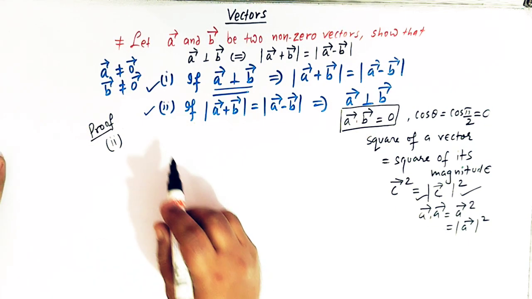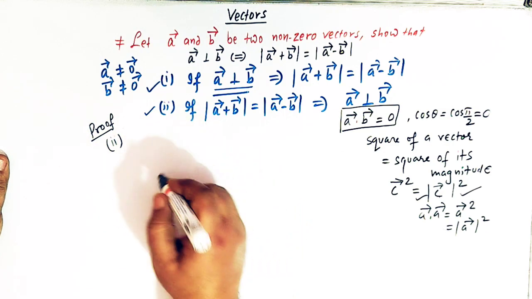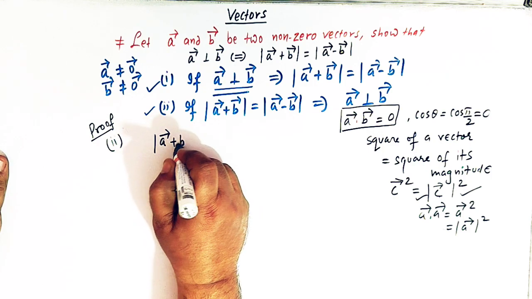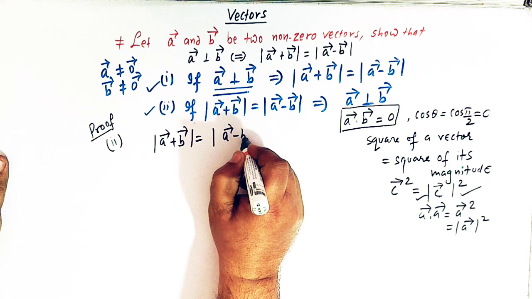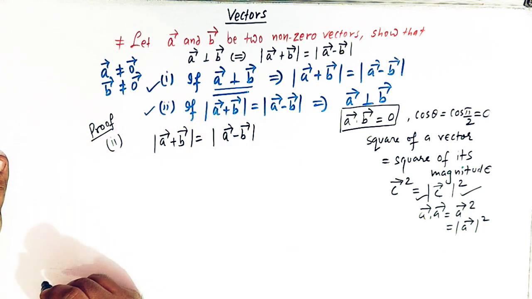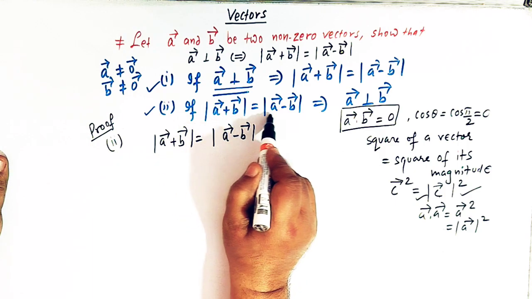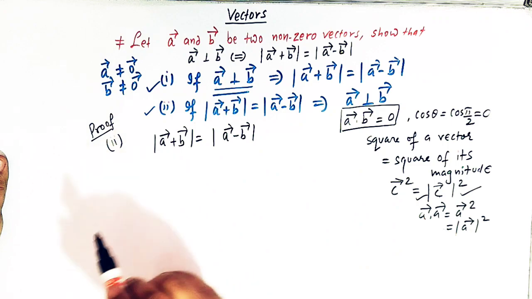So now consider the second part, right? So here we are given that the magnitude of vector a plus b is equal to the magnitude of vector a minus b, right? And we have to show that when this condition prevails, then the two vectors are perpendicular to each other.